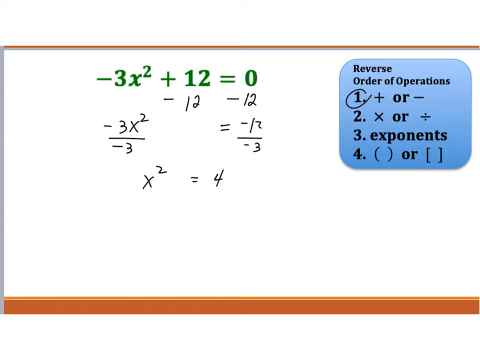So now we are left with x squared equals 4, and the opposite of squaring is getting the square root. So to undo the exponent 2 there, we get the square root of both sides of the equation. So we get x here, and the square root of 4 is 2. But there's something that we need to remember here. When we talked about exponents earlier this year, we said that when we get the square root of a number, there's technically two square roots.